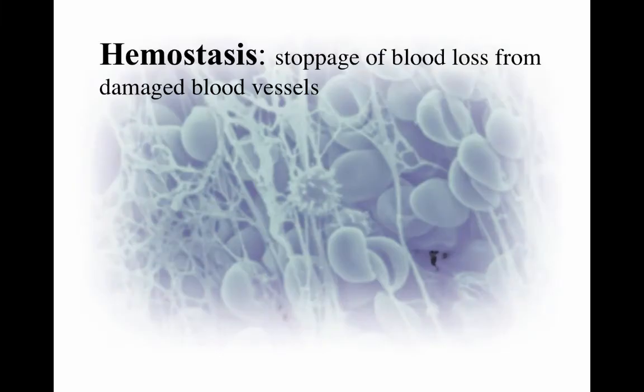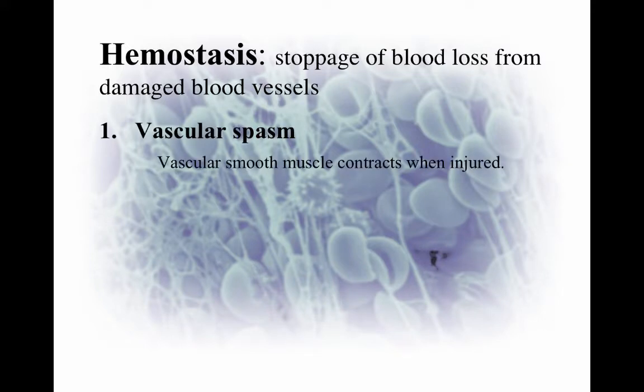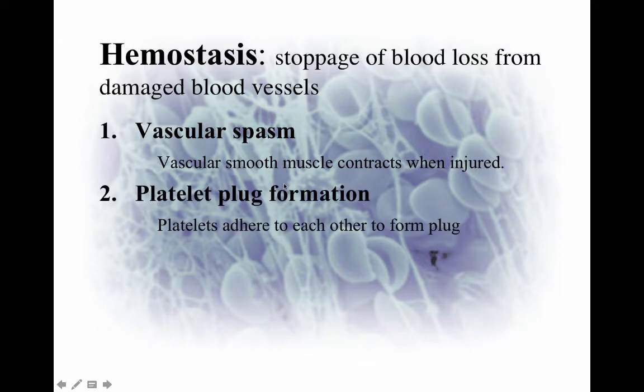So that video was focused mostly on hemostasis, so hemo being the blood and stasis to stay in place, or the stoppage of blood loss from damaged blood vessels. The steps in hemostasis then would be vascular spasm, so vascular smooth muscle will contract when injured, and if we remember that arteries have this vascular smooth muscle in them, we see a contraction when they're injured.